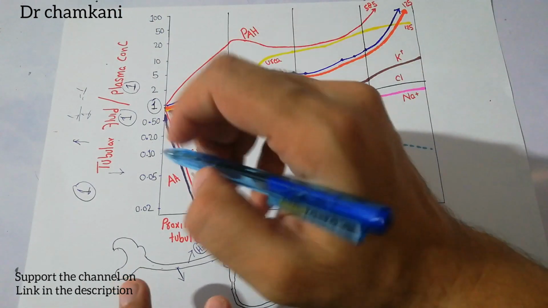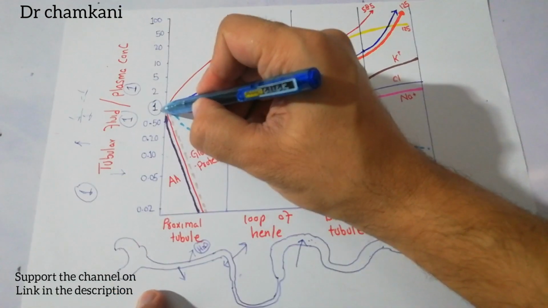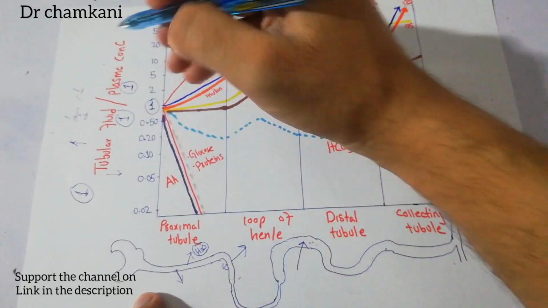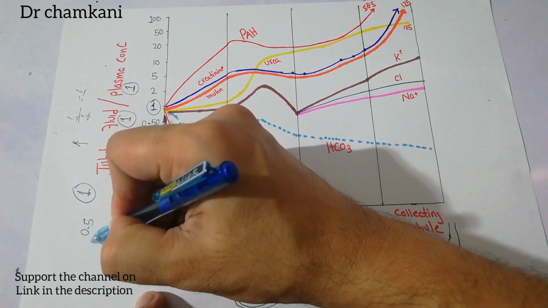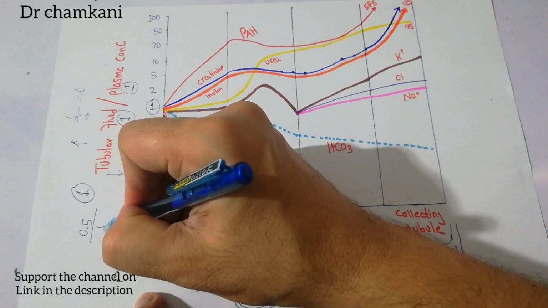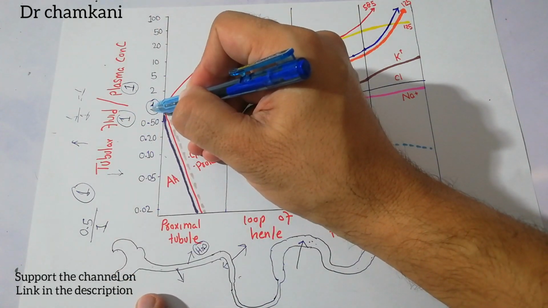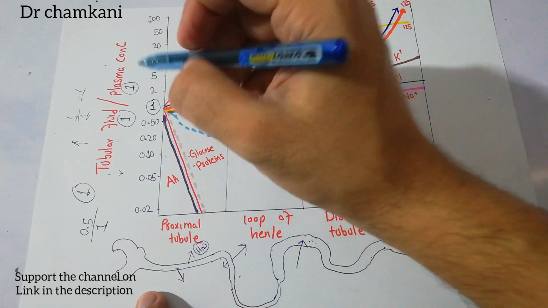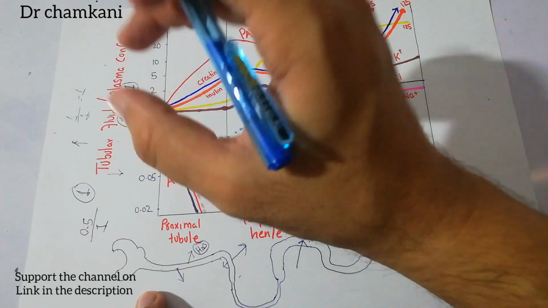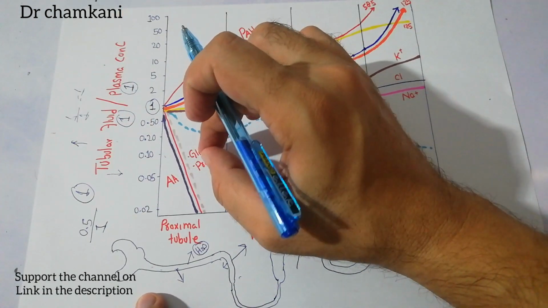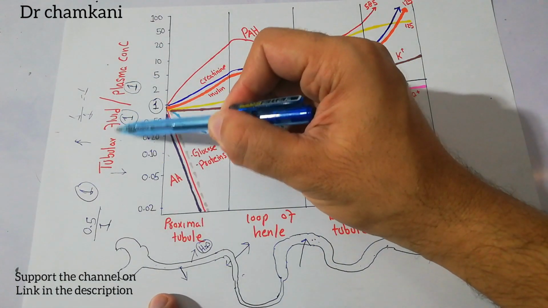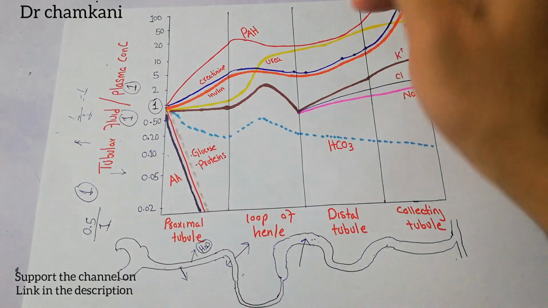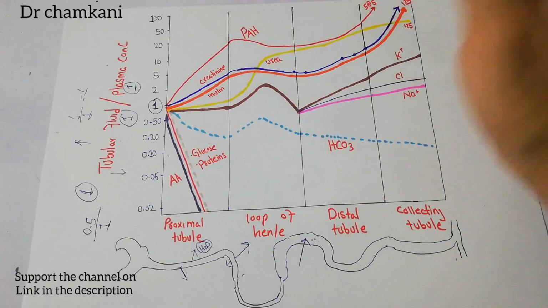If the concentration of glucose has decreased, for example to 0.5 by 1, it will directly show that the concentration of glucose has decreased in the tubular fluid, because the concentration of that solute in plasma has not changed.